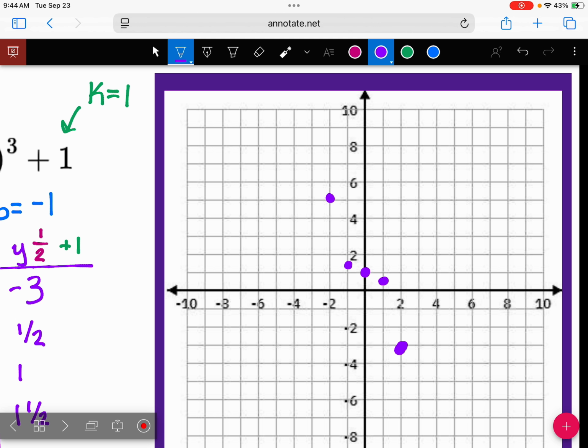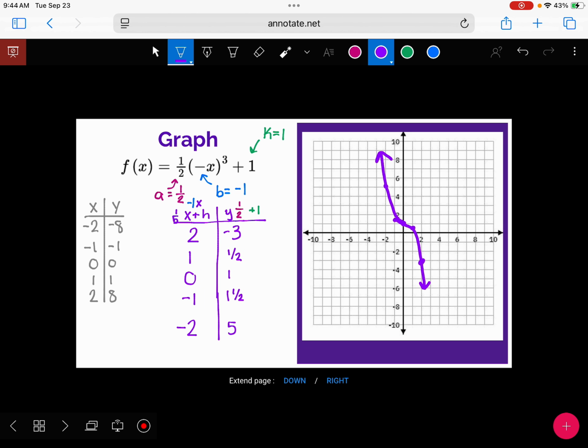That's what happens when our b is negative. It's going to wind up feeling like we're working backwards across the graph. But it did a reflection across our y-axis here. Okay? So we treat them very much the same how we did A, H, and K.